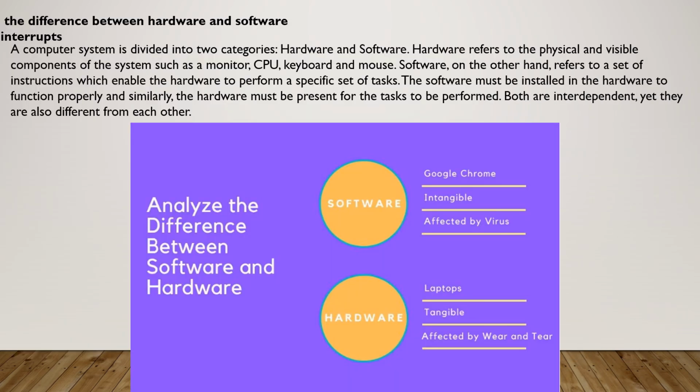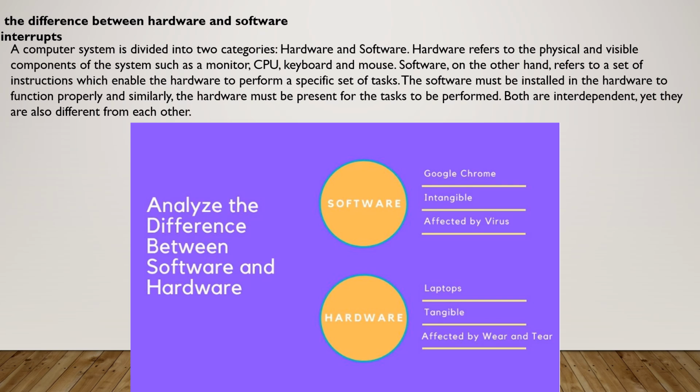The difference between hardware and software interrupts. A computer system is divided into two categories, hardware and software. Hardware refers to the physical and visible components of the system such as a monitor, CPU, keyboard and mouse.